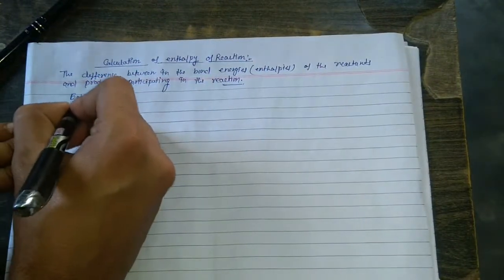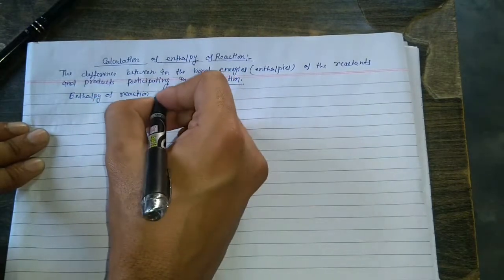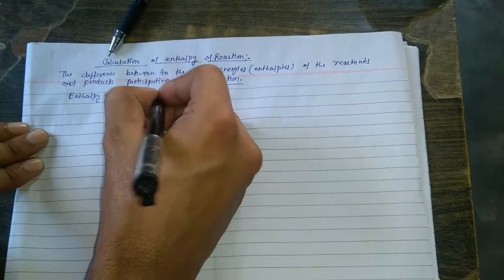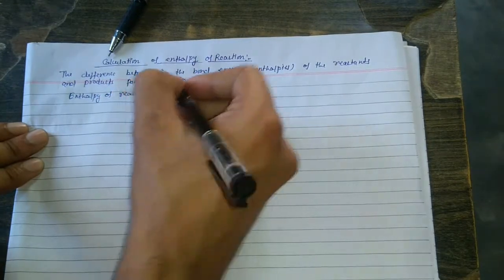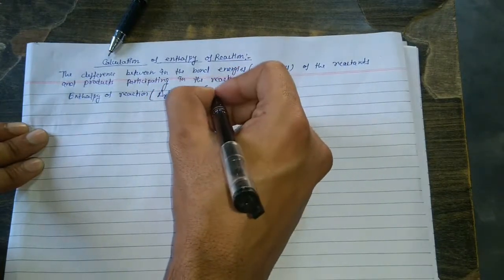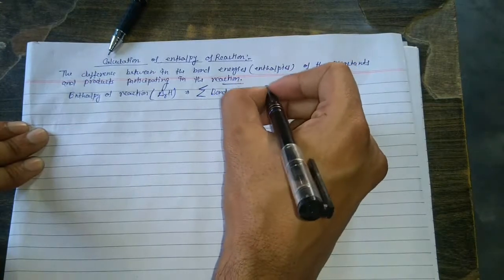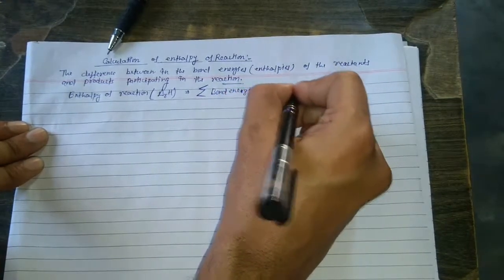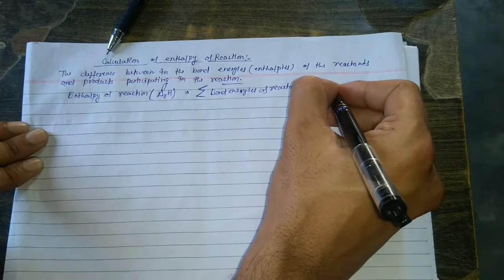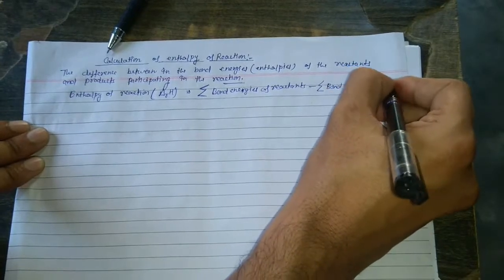So the enthalpy of reaction is denoted as del rH, equal to the bond energies of reactants minus the bond energies of products.